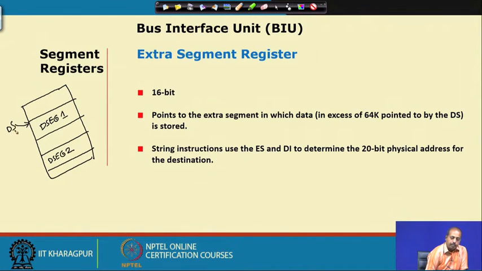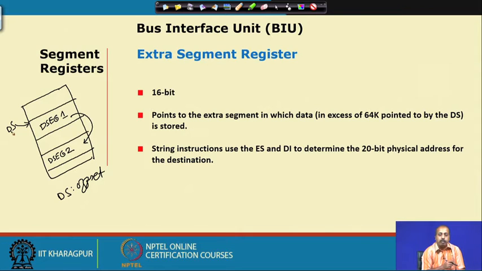of this segment. Now, if you want to transfer some data from here to here, how to do this? This is very difficult, because whenever you are accessing data, it will be doing DS colon offset. Within a single instruction you need to change this segment register value.